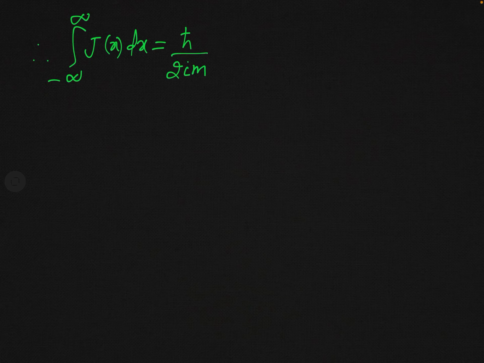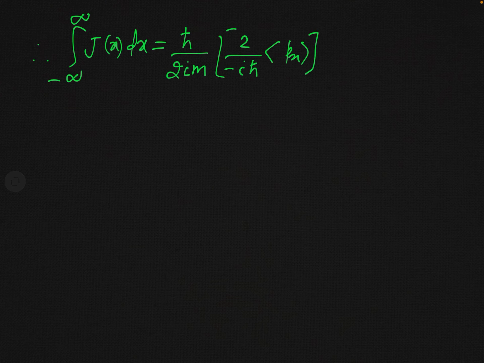And so we can write this expression in this way. You can see this integral from minus infinity to plus infinity j of x dx, this will be what? This is h cross over 2im into 2 over minus I h cross expectation value of px.